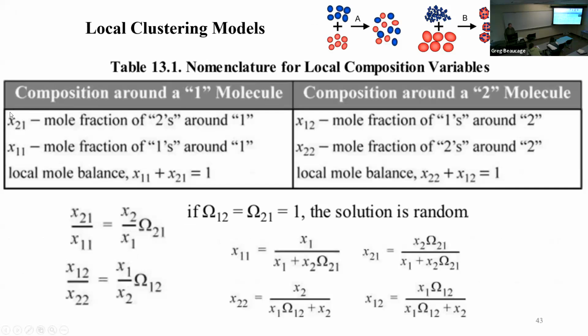Instead of x1, x2 mole fractions, you have the mole fraction of 2's around 1 and 1's around 1, and then 1's around 2 and 2's around 2. And then you can write expressions that account for the interaction in complicated clustering, like this picture, and then talk about mixing in those systems.